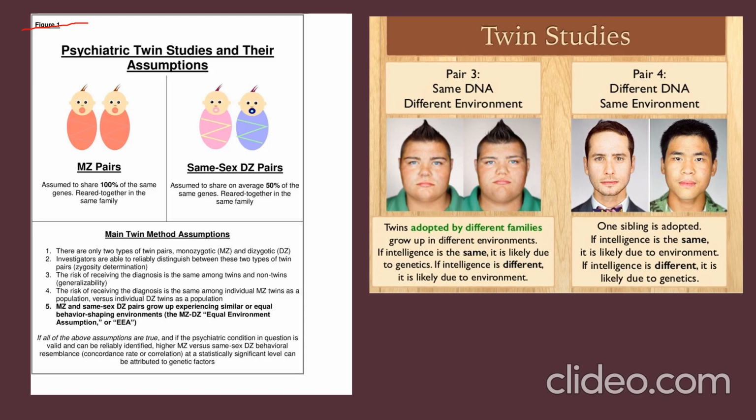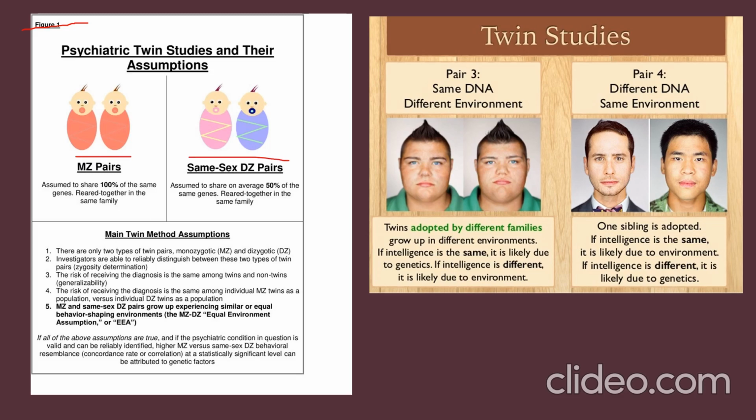So pareho sila ding lalaki or pareho na babae. Assumed to share on average 50% of the same genes, reared together in the same family. So pareho tong condition, no? Ang pinagkaiba lang, yung isa monozygotic, yung isa dizygotic pair. But they are both, ito kung parehong lalaki, ito rin parehong lalaki.